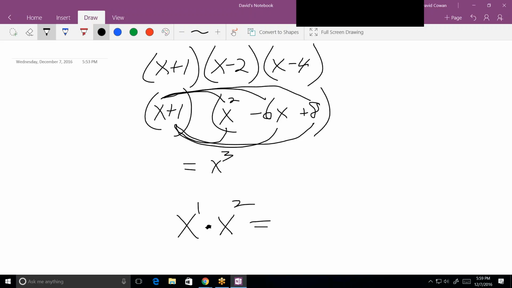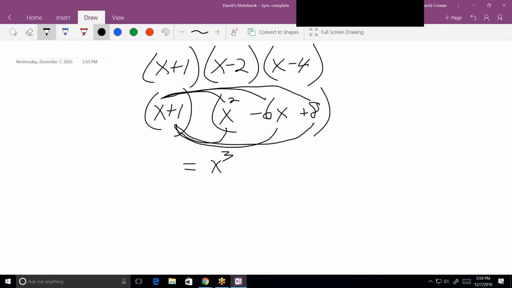Remember, you can't add x to x squared. You can multiply them, but you can't add them. They're not like terms. In other words, x plus x squared is just x plus x squared. But I can multiply them, and I can divide them, because I've got the same base, just different exponents. So you just have to know how to treat the exponents.